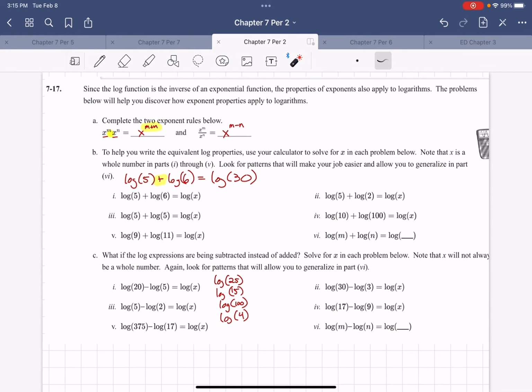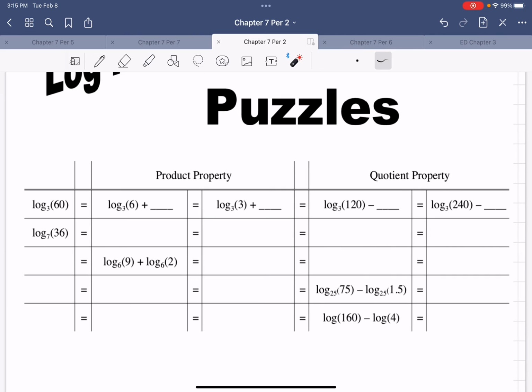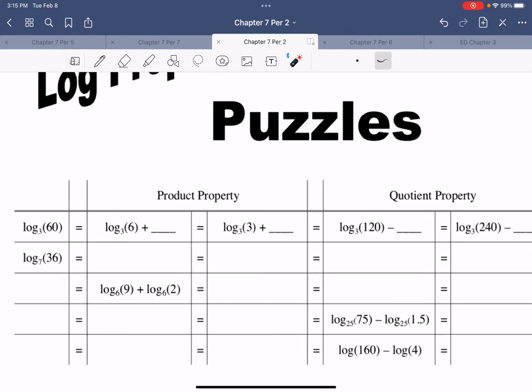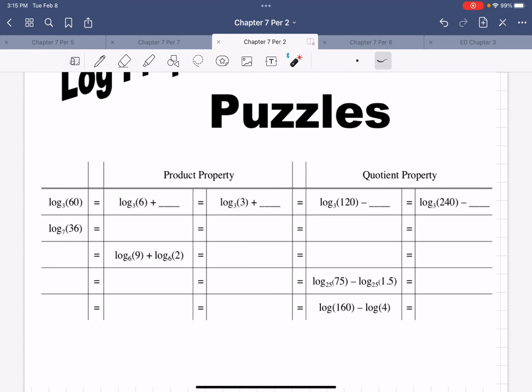So that's problem 17. Then you also need to do in your packet, your note packet, there is a resource page that looks like this, the log puzzle. Once you figure out what happens, what the pattern is over here, you're going to fill out the log puzzle with all the different possible ways.